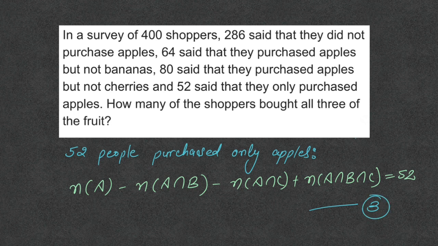Here n of A represents the number of people who bought apples. So we subtracted the number of people who bought apples and bananas and apples and cherries from this n of A. But when we subtracted both of these terms, we also subtracted the number of people who bought all the fruits. So to balance things, we must add the number of people who bought all three fruits.